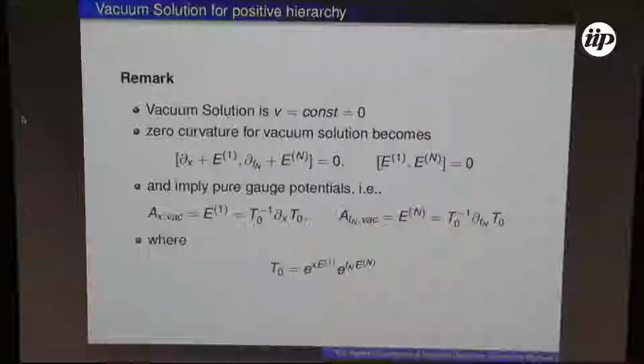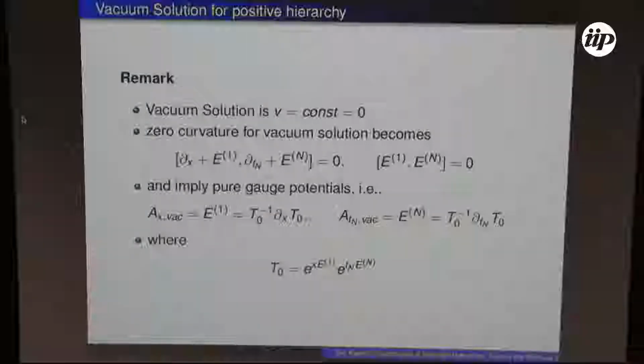So if you have A_mu satisfying a zero curvature, your A_mu is a pure gauge for some T. So A_x vac has to be some T0^-1 d_x T0, and the same for the time component. So you can integrate. This is a derivative of a log.